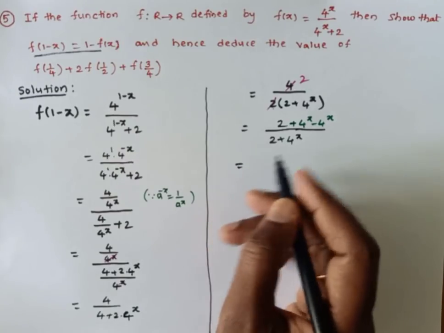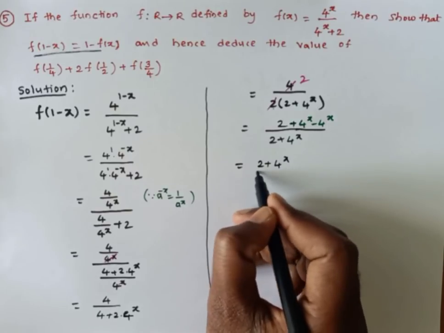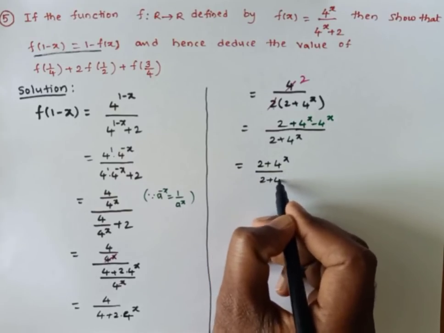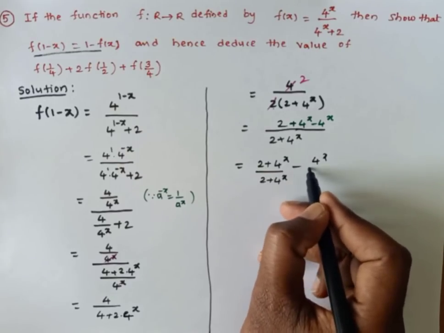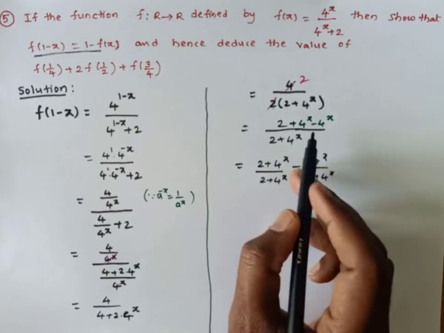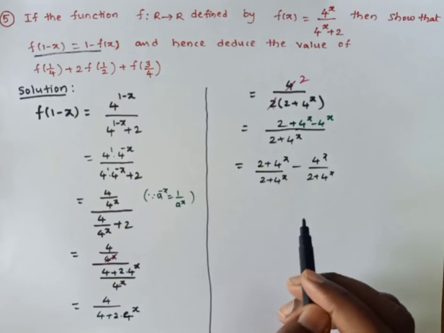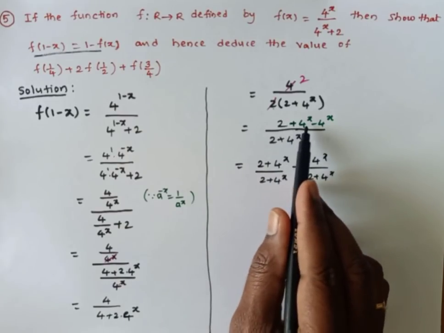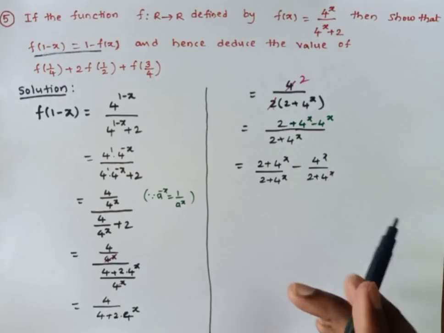So now you can separate. So this is 2 plus 4 to the power of x divided by 2 plus 4 power x minus 4 power x divided by 2 plus 4 power x. Just separate. If it is a plus b by c, it means a by c plus b by c. So 2 plus 4 power x by 2 plus 4 power x minus 4 power x by this part.